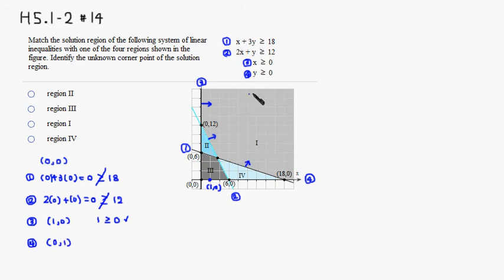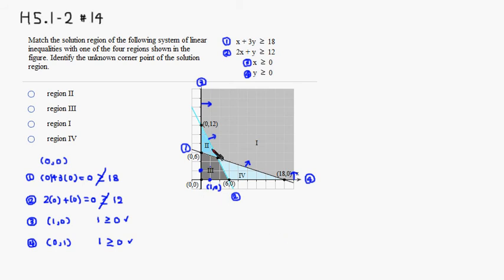Does (0, 1) satisfy this inequality? So y is 1, which is certainly greater than or equal to 0, so this checks. The point (0, 1) is right here, so we need to shade the side which contains that point, which is going to be the upper half plane.